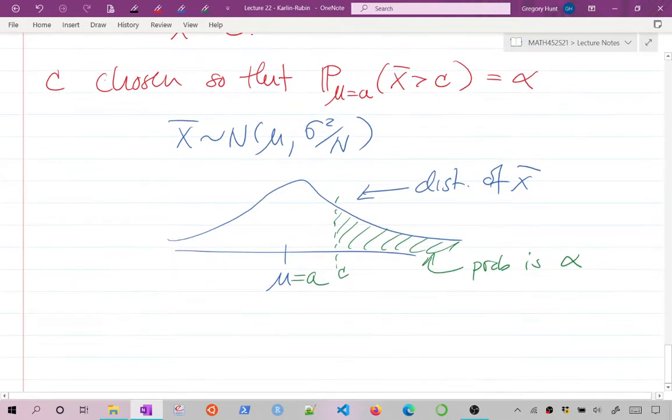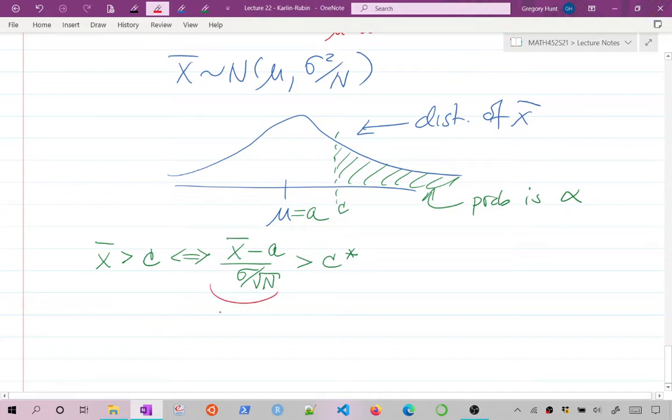One way to look at this is that x bar bigger than c is equivalent to x bar minus a over sigma over root n being bigger than some other c star. This thing is a normal 0, 1. And so this thing is what we call z alpha.